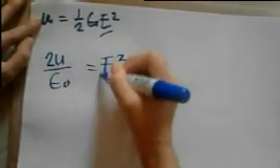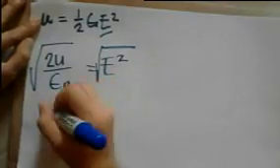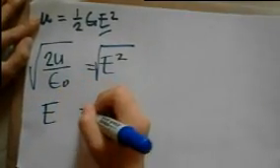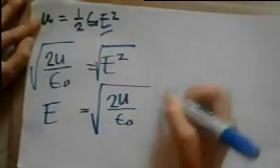So our formula would be 2u over epsilon naught equals E squared. Extracting the square root, we have the square root of 2u over epsilon naught equals the square root of E squared. This is equal to E equals square root of 2u over epsilon naught.